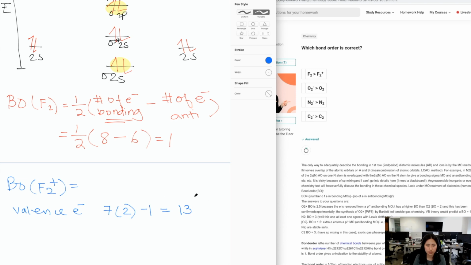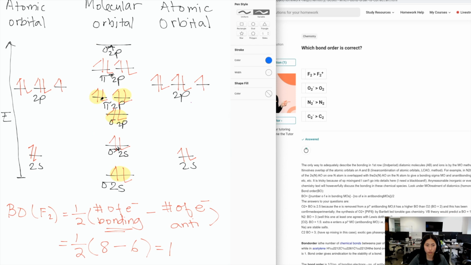So because this is 13, that means in your molecular orbital diagram, or MO in short, you would have to have 13 electrons. So we're starting from sigma 2s because that's the lowest energy orbital. I'm just going to draw it on the right side, right here. So 1, 2. We need to fill this and make sure it's 13.